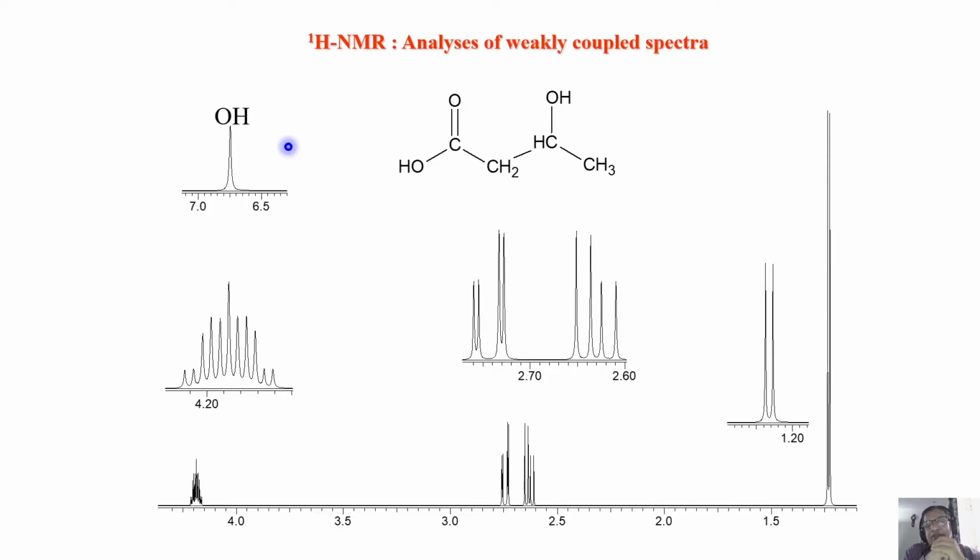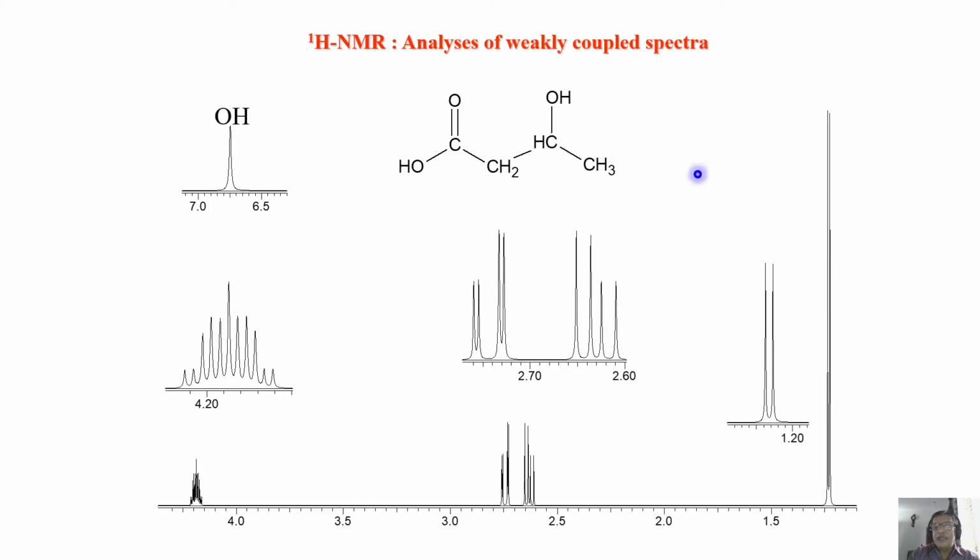How do you make the assignment of the other peaks? Start with CH3. This is a well-known thing which we have been doing for quite some time. Now what do you expect the pattern for the CH3 to be? Look at this, it is attached to a CH proton. That means CH3 has to be a doublet.